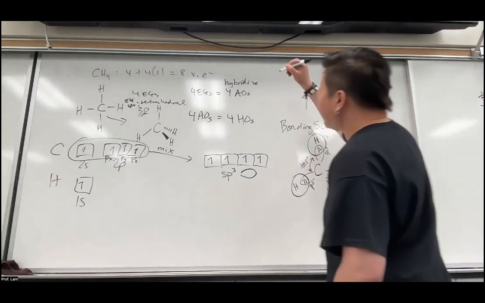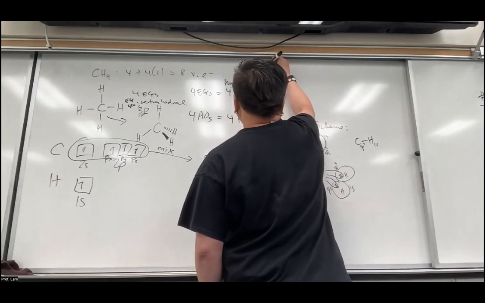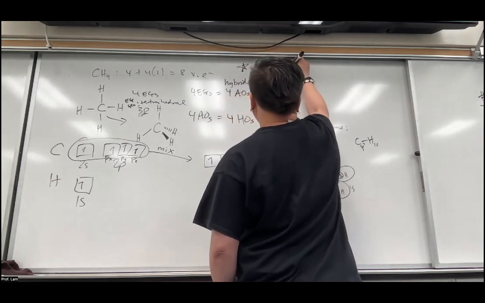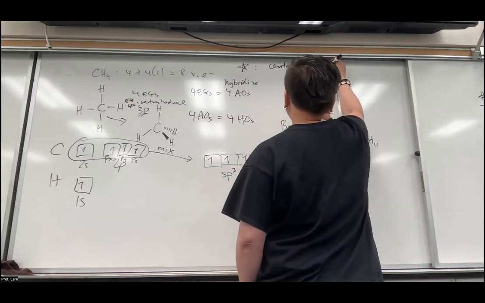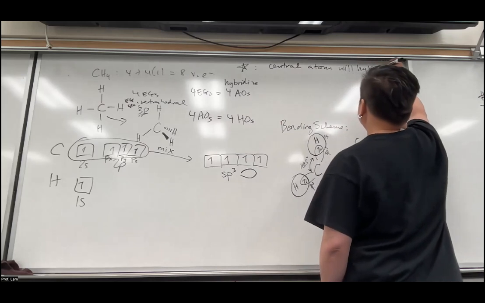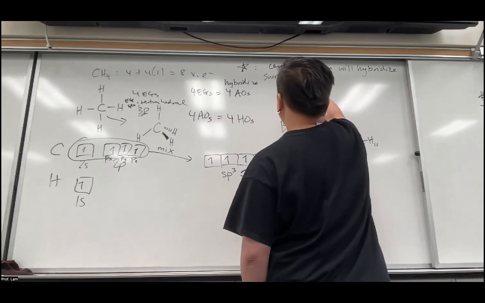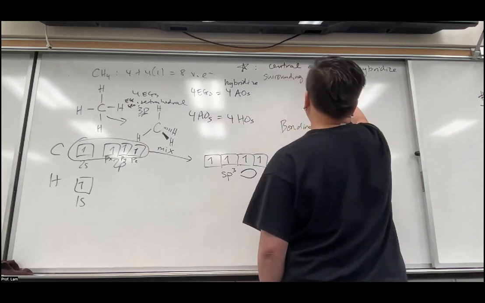Okay, so let's write that rule down. Central atoms will hybridize. Surrounding atoms will only hybridize when they're making more than 1 bond.